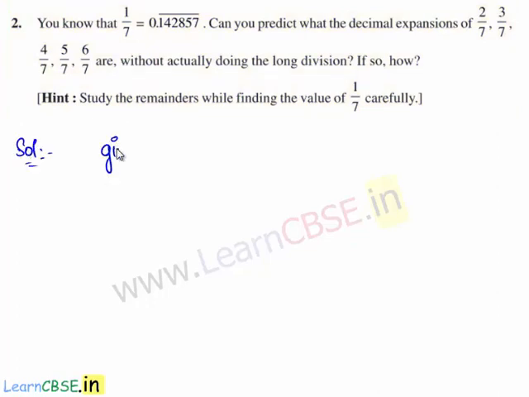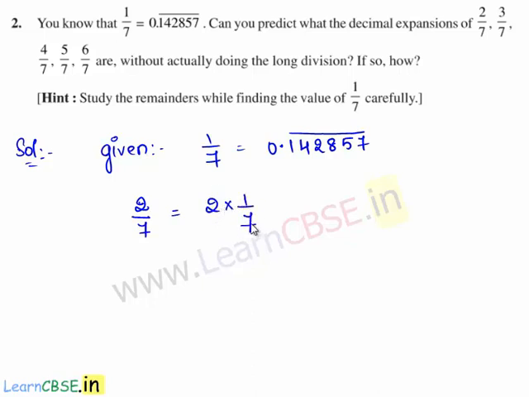So given is 1 by 7 is equal to 0.142857 bar. Here we can predict the decimal expansions of 2 by 7, 3 by 7, 4 by 7, 5 by 7 and 6 by 7 without actually doing the long division. The decimal expansion of 2 by 7 can be obtained by multiplying 2 with 1 by 7.